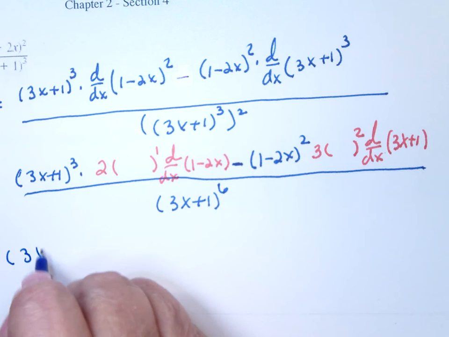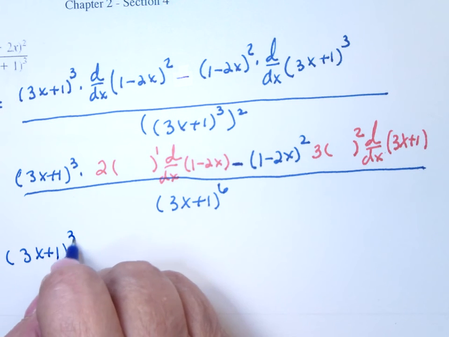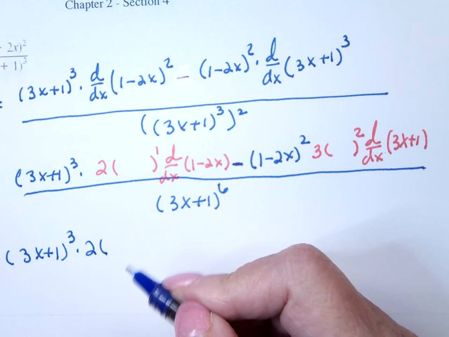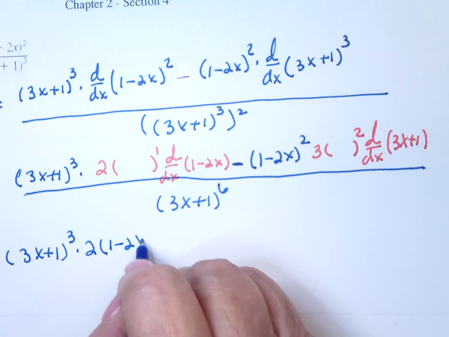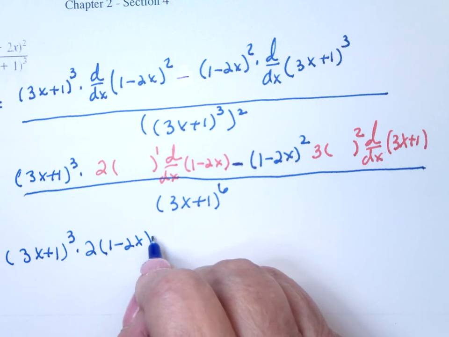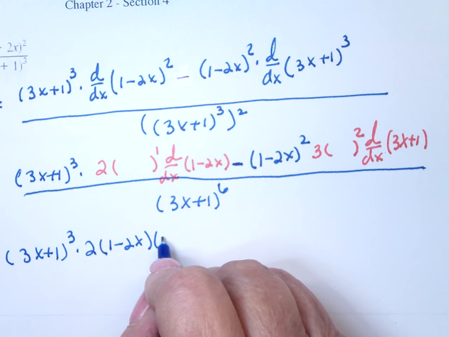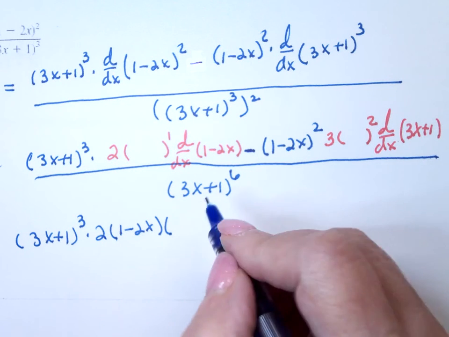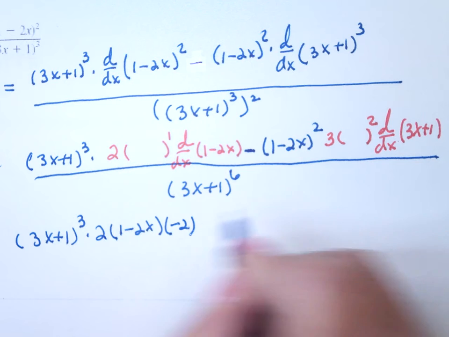which is 3x plus 1 cubed times 2 times 1 minus 2x. What's the derivative of 1 minus 2x? Minus 2.